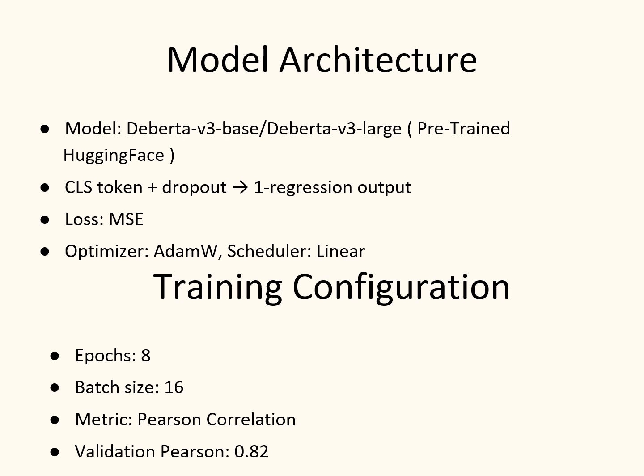Training configuration: we used 4 folds with 80 epochs each, and the batch size was 16. Our metric was Pearson correlation coefficient, and our validation score was 0.82.